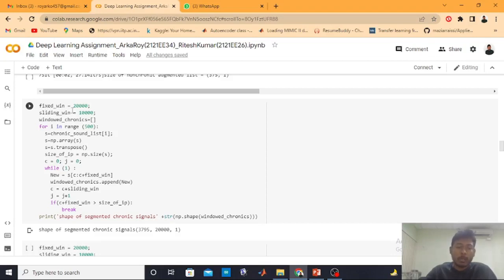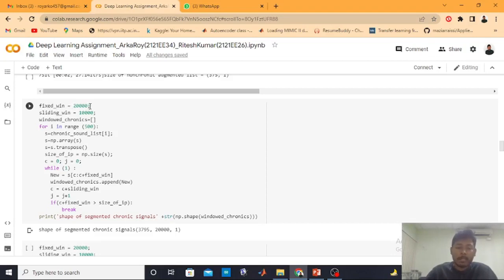The fixed window is basically 5 seconds. For the signal sampling rate, we converted all the signals to 4 kilohertz. Basically we are downsampling all the signals, because the database contains signals from 4 kilohertz to 44.1 kilohertz. We converted all the signals into a 4 kilohertz sampling rate. So the fixed window has 20,000 samples.